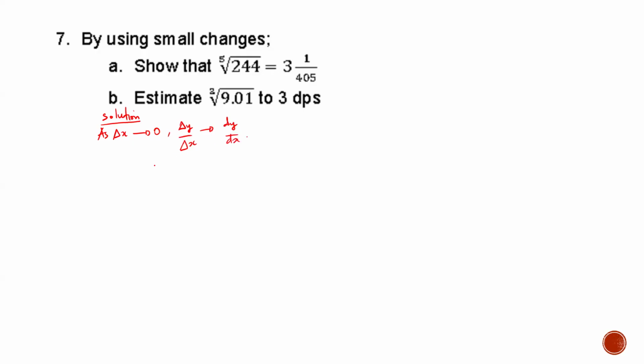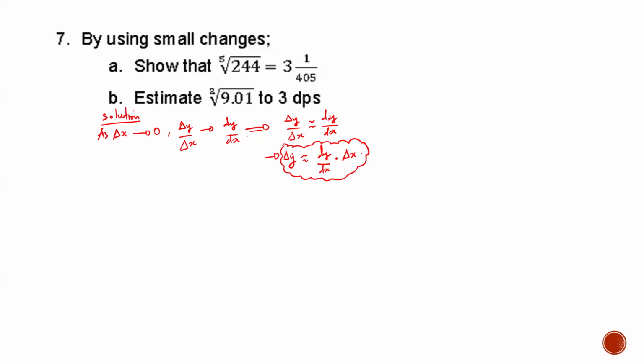And the fact that it tends to dy/dx also implies that the change in y over the change in x is approximately equal to dy/dx. And that implies that change in y is approximately dy/dx times the change in x. And this is very fundamental for this application.